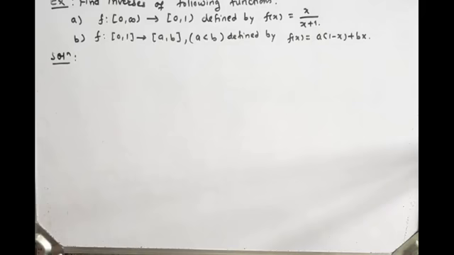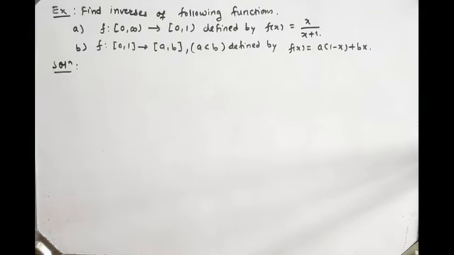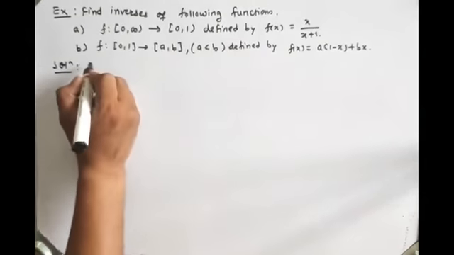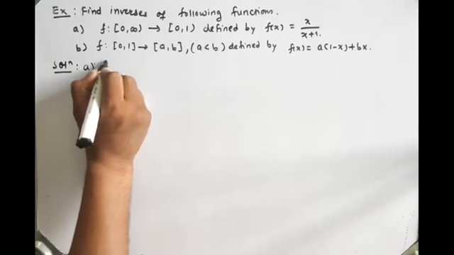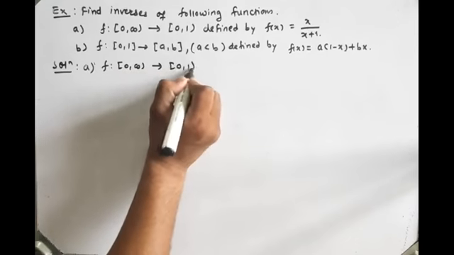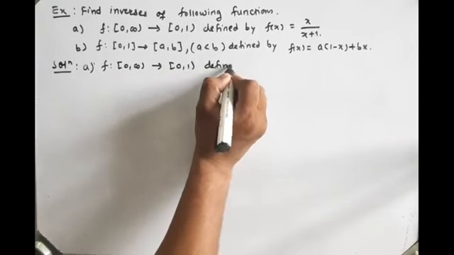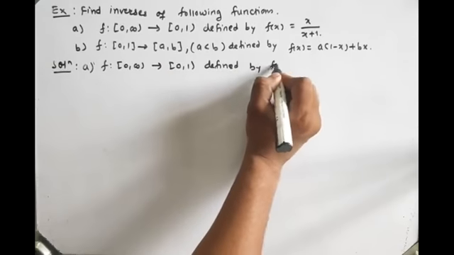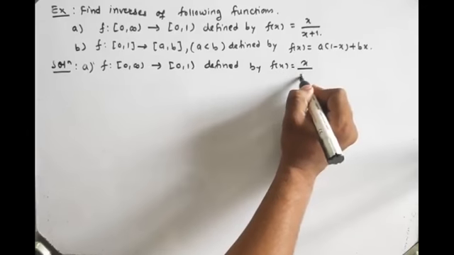now to check that the function is 1-1 and onto. So here f is from closed 0 to infinity to closed 0 1, defined by the function f of x is equal to x upon x plus 1.